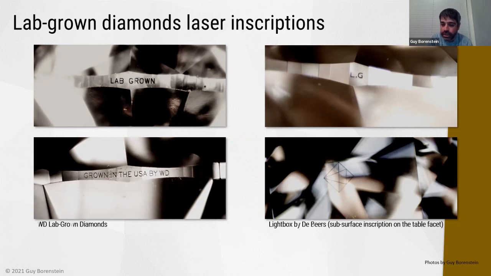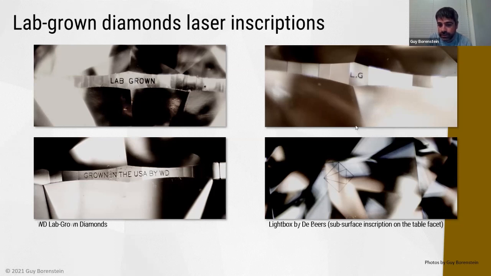So many manufacturers and many laboratories usually screen all of their lab growns and then add a laser inscription of either lab grown or LG. If you see lab grown or LG, it's likely to be a lab grown.